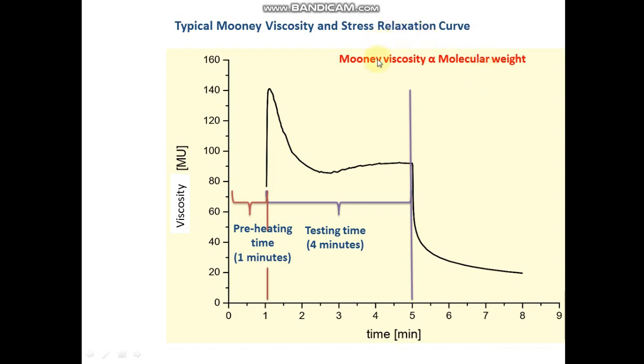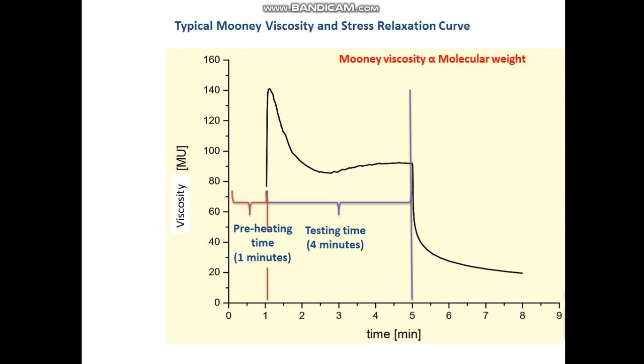Therefore, the Mooney viscosity should be reduced. That's why during this testing time period, we experience a reduction of Mooney viscosity. But at the end, it will come to an almost constant value.